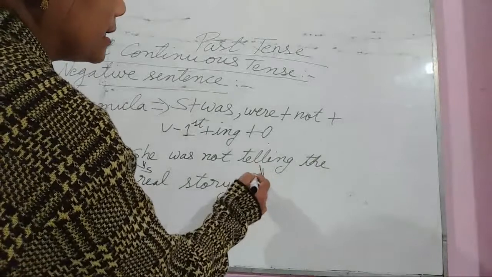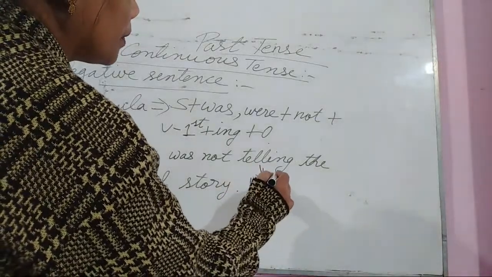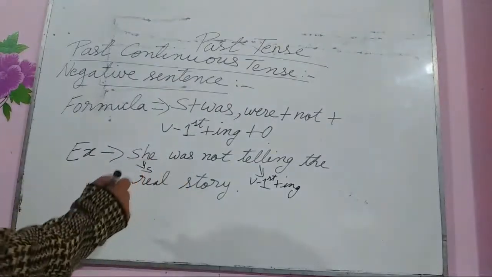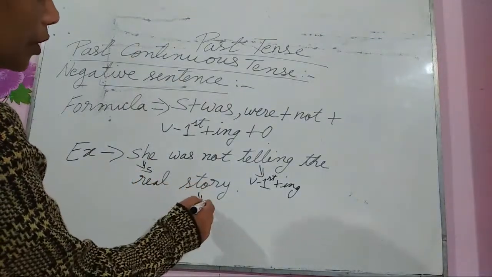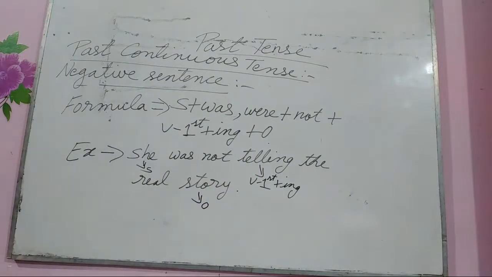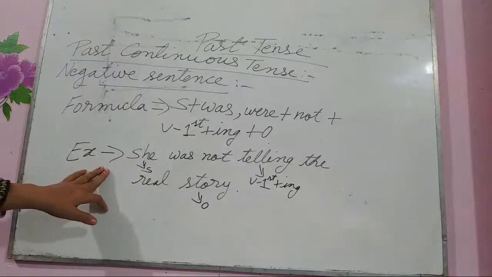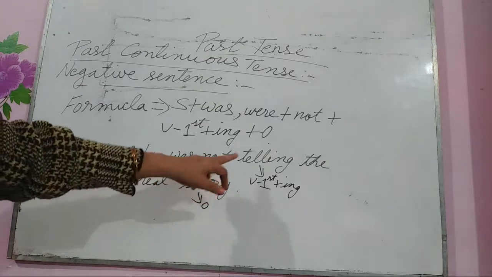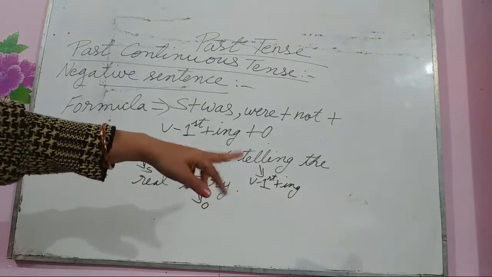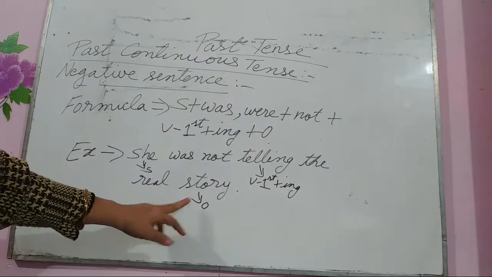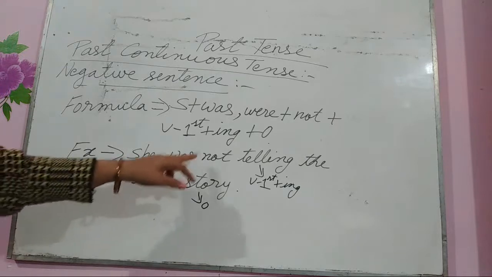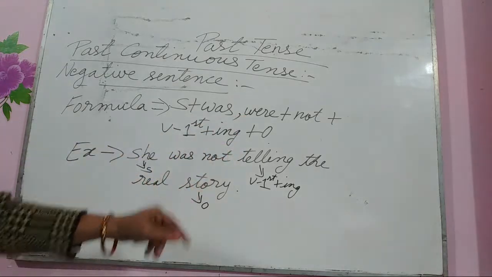Here telling is the verb of first form plus ing according to the formula. The real story, here story is your object. So according to the formula, you can see in the sentence subject is there. Was not telling, that is verb first form plus ing, the real story, and object is also there. Okay, so the example is, she was not telling the real story.